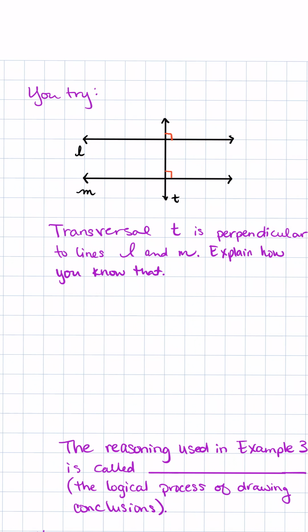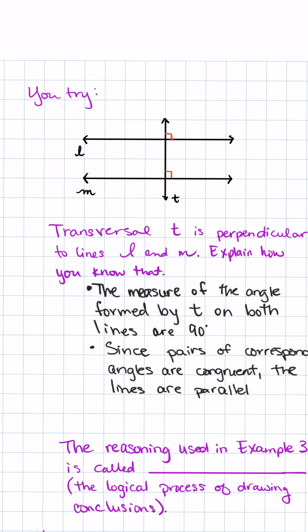Transversal T is perpendicular to lines L and M. Explain how you know that. Just put down what you think you know. Come back and let's check it out. Okay, so I put the measure of the angles formed by T on both lines are 90 degrees. Since pairs of corresponding angles are congruent, meaning the pairs are the same, the lines have to be parallel.